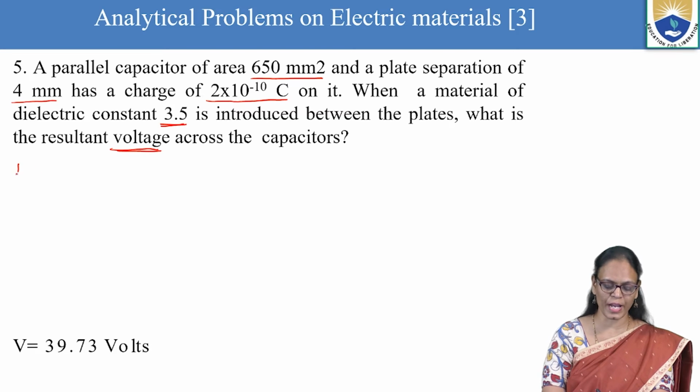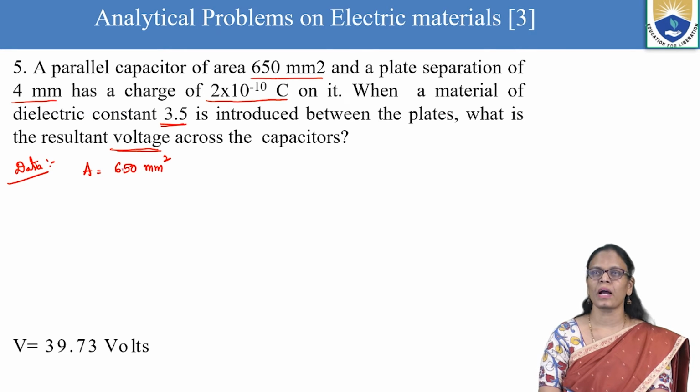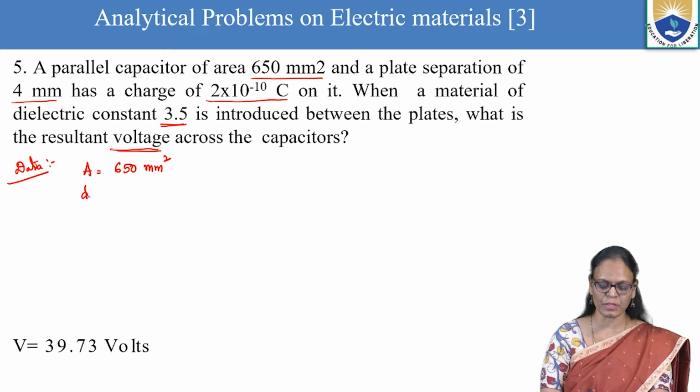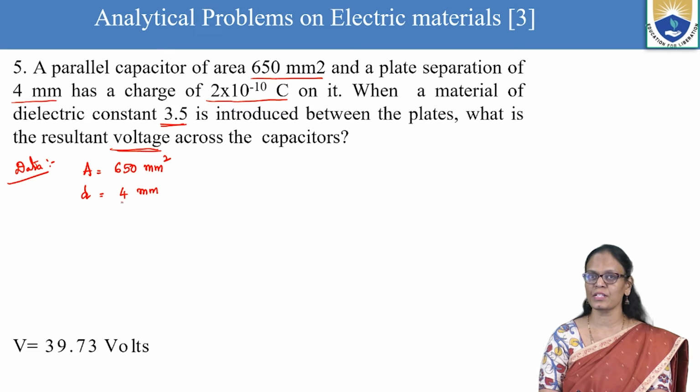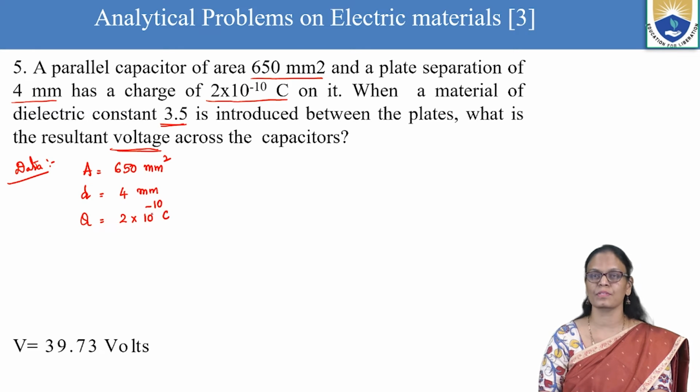So we have to first identify and write the data correctly. What is the area given? Area is 650 millimeter square. So it is given in millimeter square. And the plate separation, that is the distance between the two plates, is 4 millimeter. And the charge is given here, in coulombs: 2 into 10 power minus 10 coulombs.